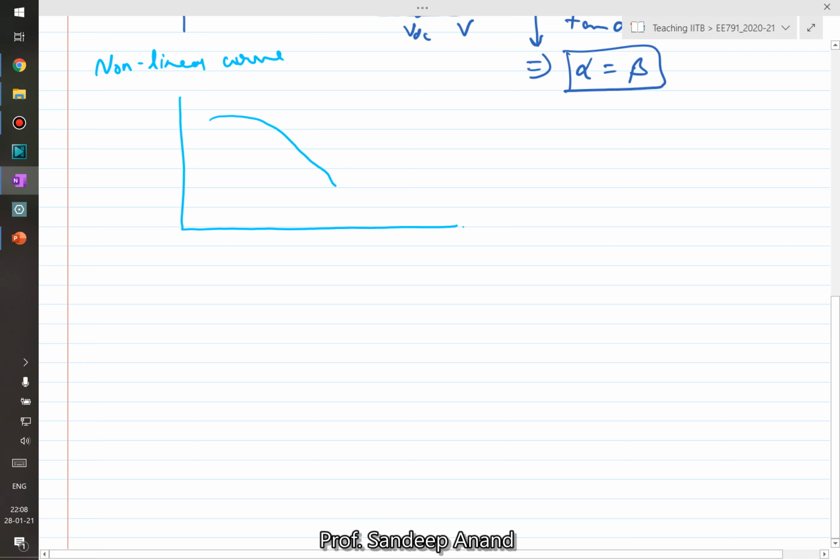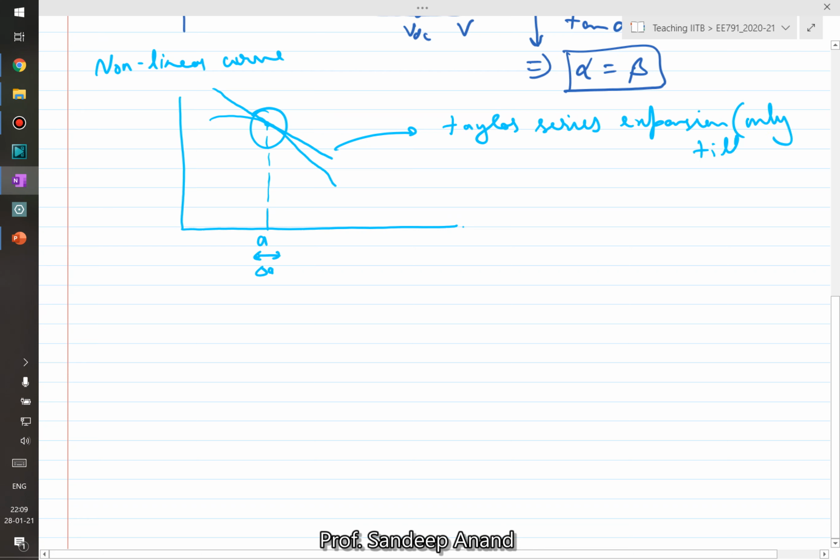So what can we do? If we are interested at a point A in this graph, and only in a small area very close to point A, then we can represent this graph as a straight line, or as a linear circuit, whose equation can be written using the Taylor series expansion only till the first derivative term.